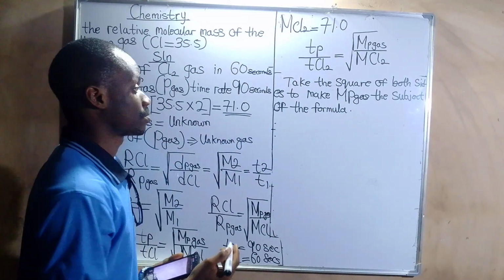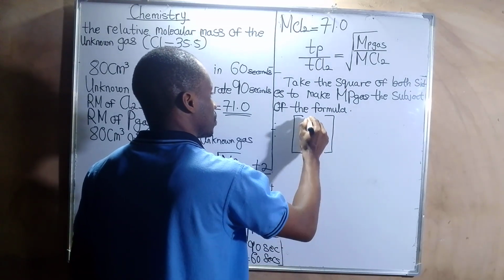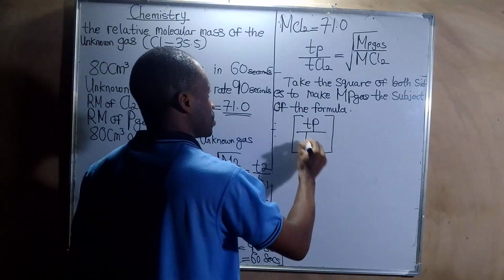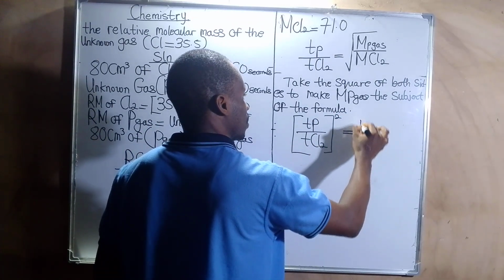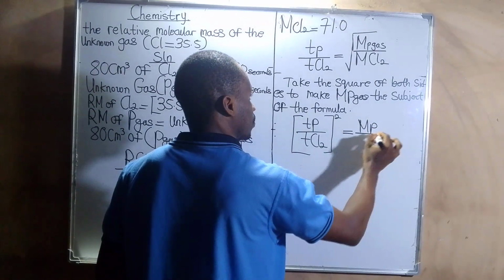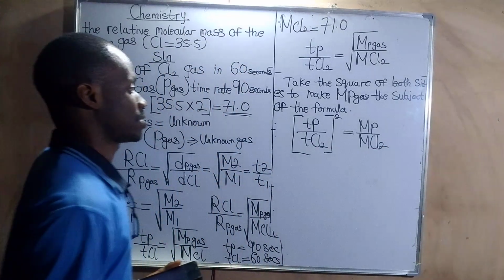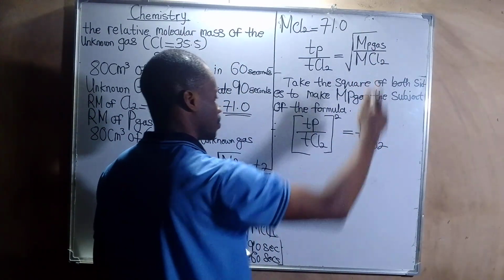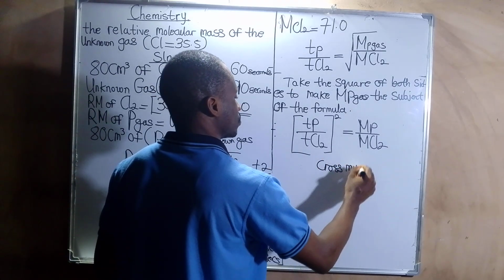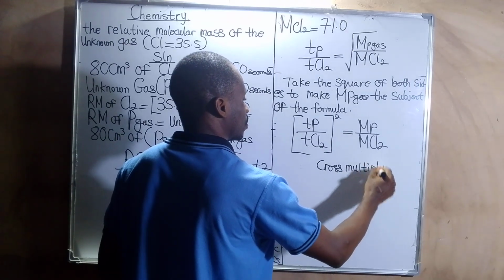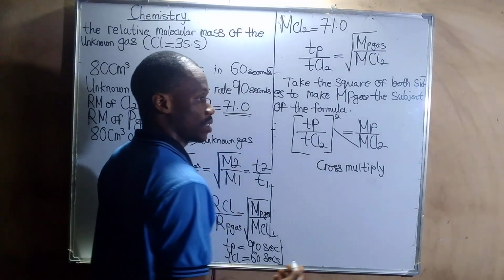So to do this, all in square root, TP over T of Cl2, squared, is equal to MP over M of Cl2. Definitely the square root of this is off. Then what you now do is cross multiply, leaving MP as the subject of the formula.